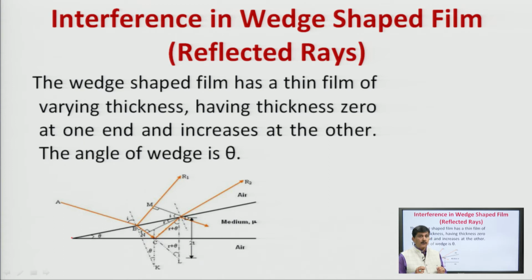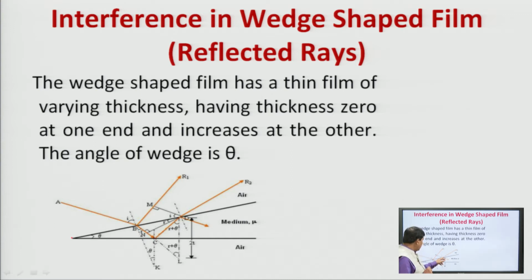In order to determine the path difference, always draw a normal from the second ray, that is from point D, on the first ray, that is BR1. So, DM is the normal. After DM, the paths of the two interfering rays will be equal.